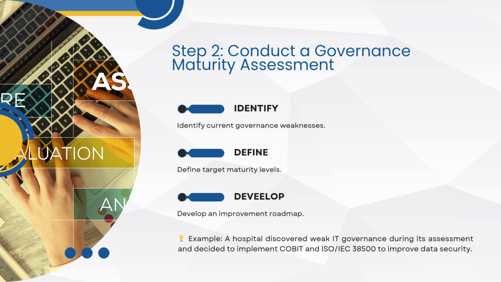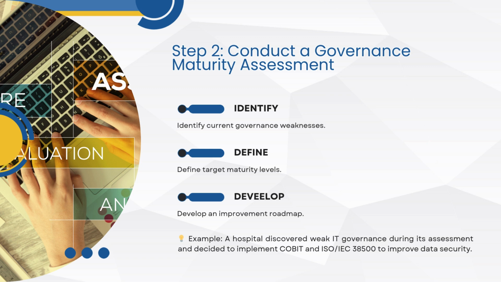Now we go for step two, conduct a governance maturity assessment. Once a framework is selected, the organization needs to assess its current governance maturity level to understand where improvements are needed. First, they need to identify current governance weaknesses.